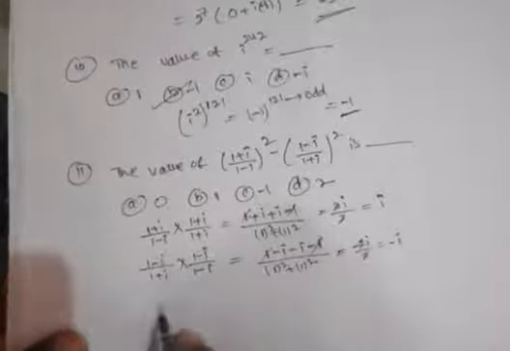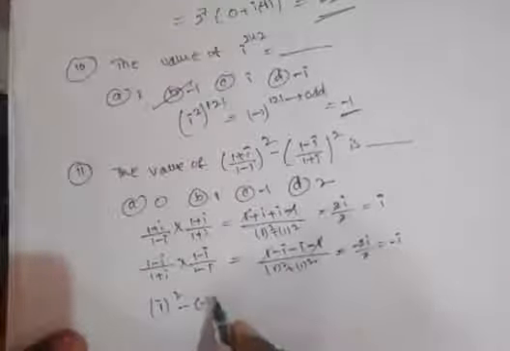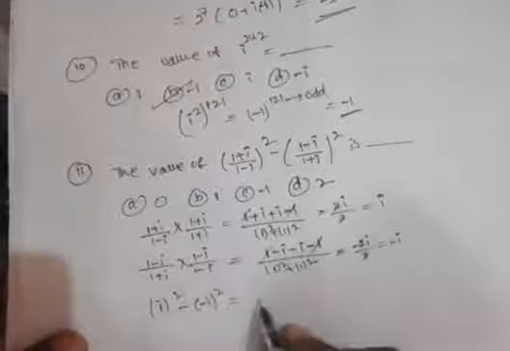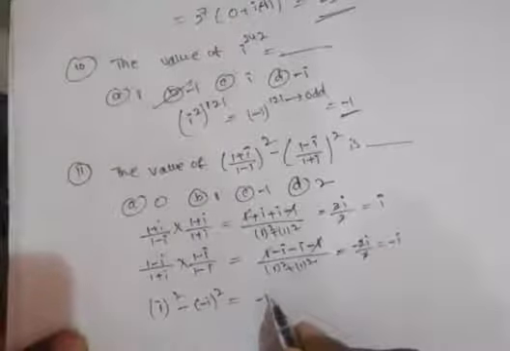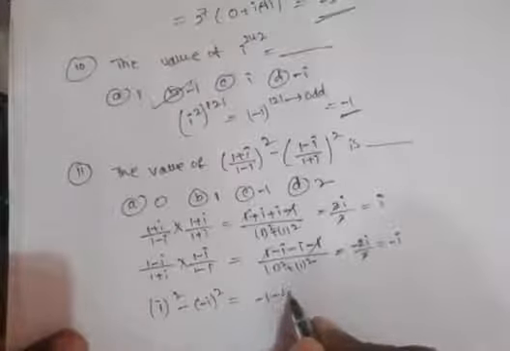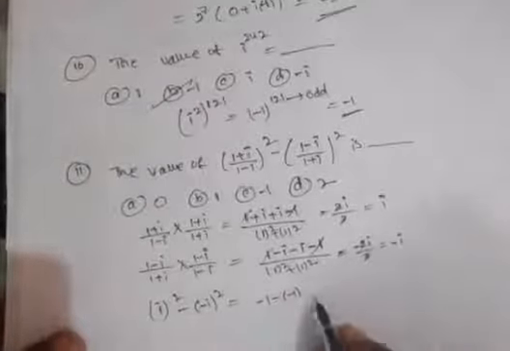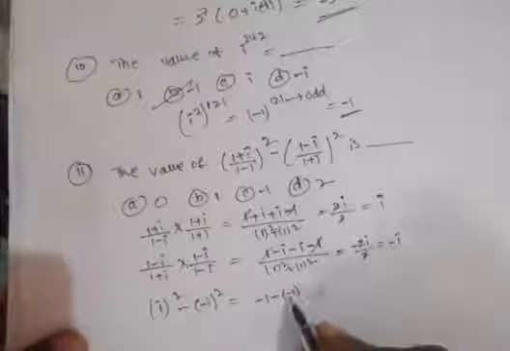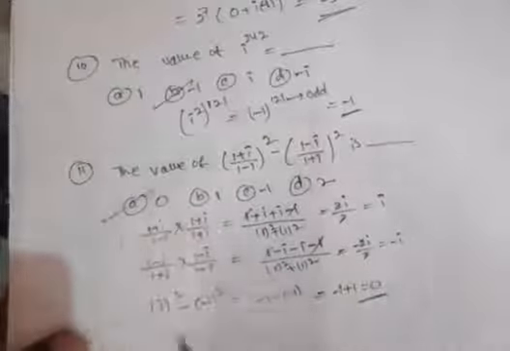You can substitute here: i square minus of minus i square. So i square means minus 1, minus of minus i square, means again minus 1. i square means minus 1, minus into minus plus, that is minus 1 plus 1... your answer is 0.